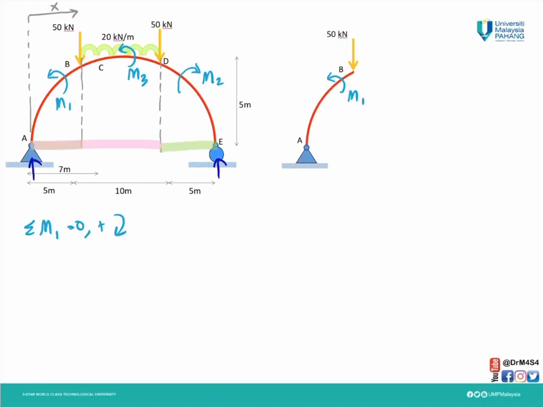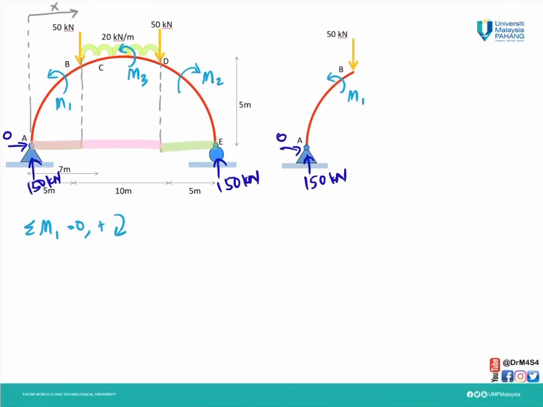So we have 150 kilonewton, and we don't have force on horizontal, so that is 0 for this section. So here is 150 kilonewton and 0. So take summation M1 equal to 0.